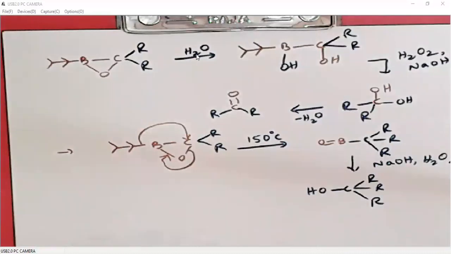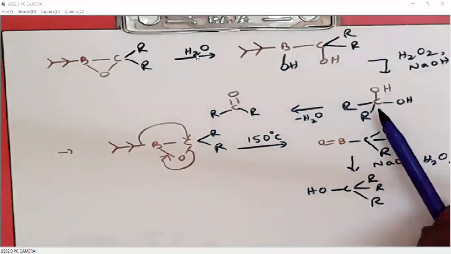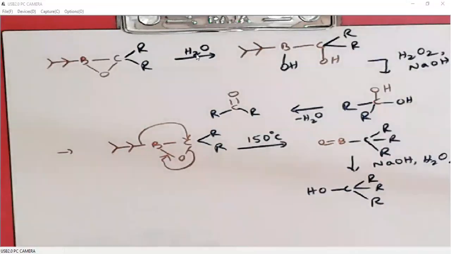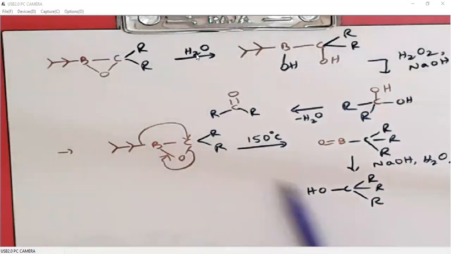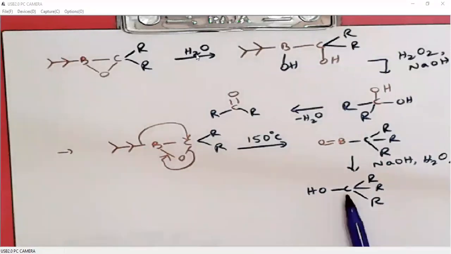When we add carbon monoxide without high temperatures, two alkyl groups can be migrated to carbon, so we will get a ketone. If we do the reaction at very high temperatures, then all three alkyl groups from boron will be migrated to the carbon monoxide carbon, so that it will be a tertiary alcohol.